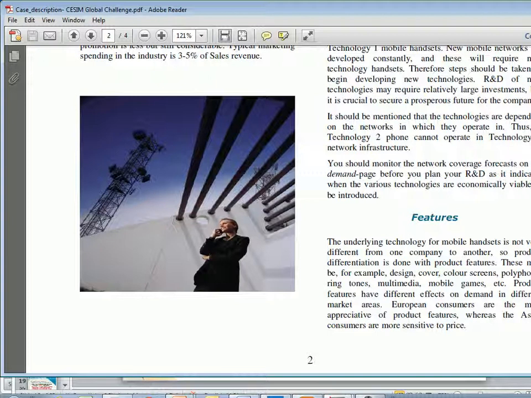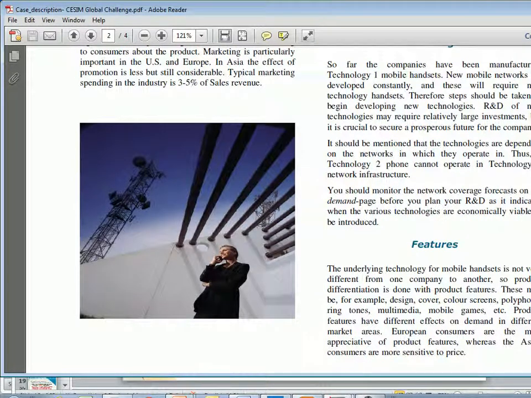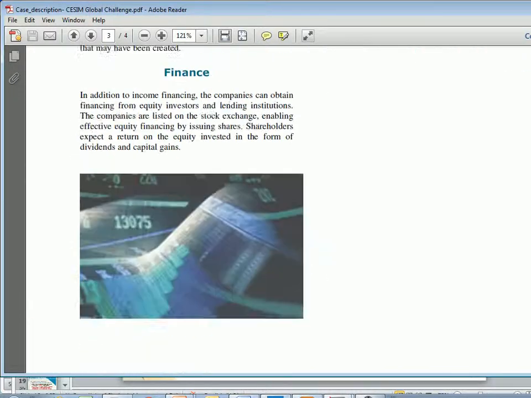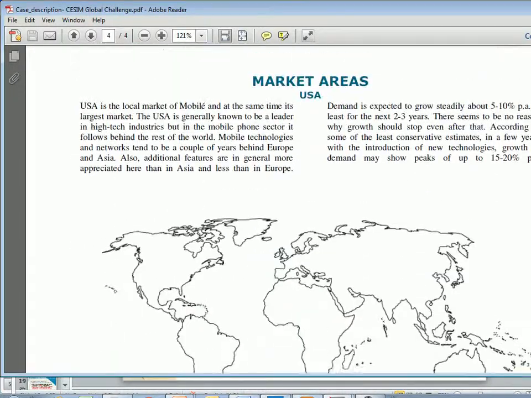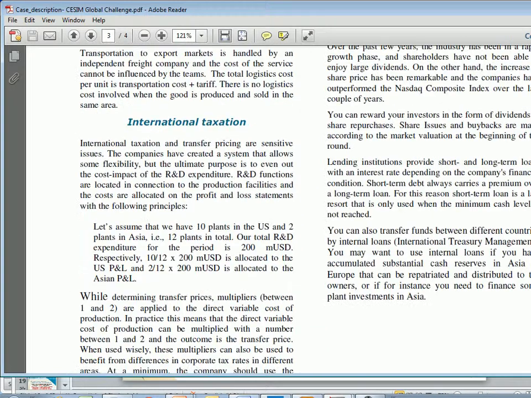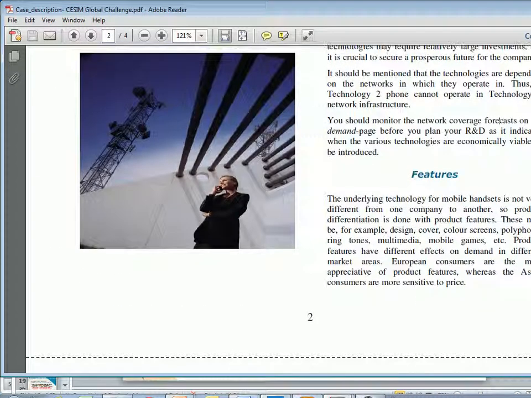In other words, don't sell stuff that people aren't going to use. So on the demand page, you can check the network coverage forecast, for when they're developing the new networks and making them workable. Great. Features. Remember we said one of your market areas loves features and the others, well, not quite as much.